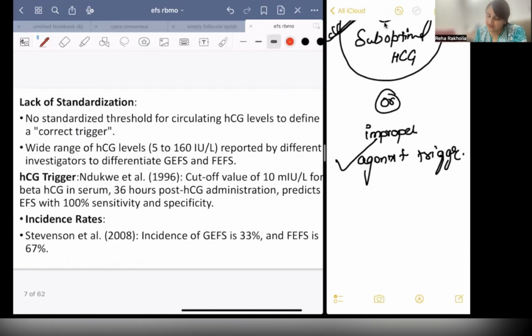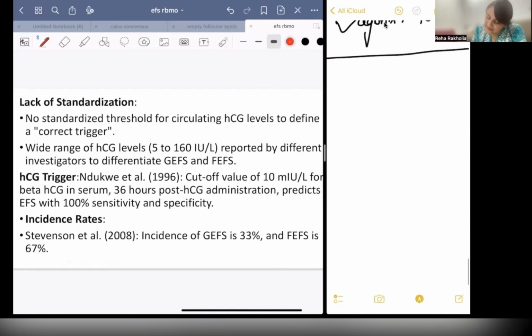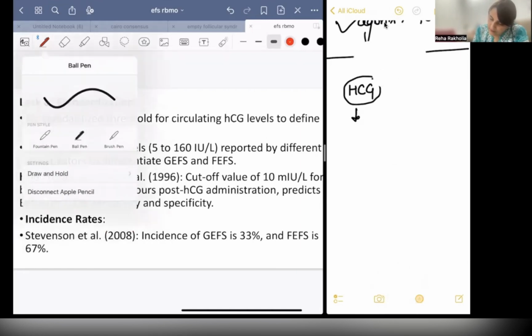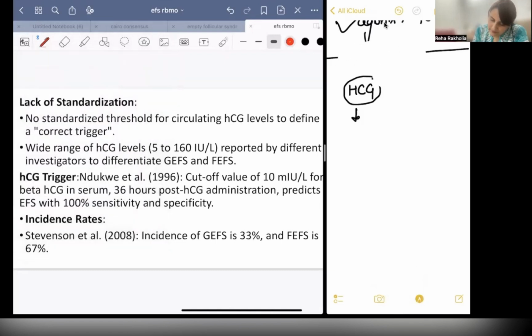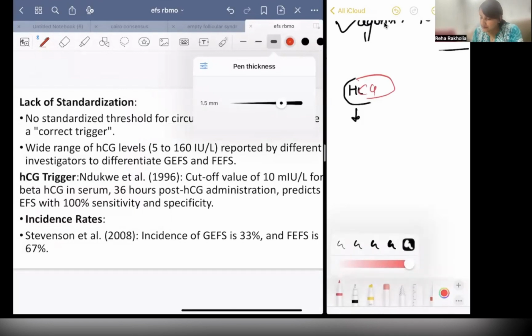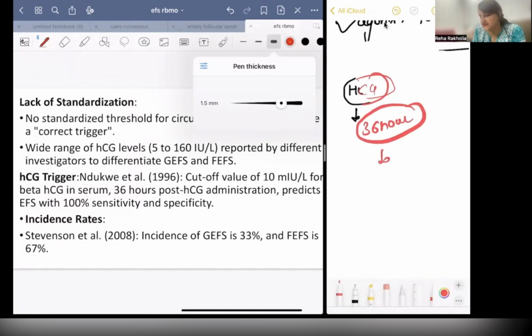Okay, lack of standardization. Some study says that the optimal HCG level 36 or 37 hours after HCG trigger, some study says 10 is the optimal level, some study says 20 is the optimal level.